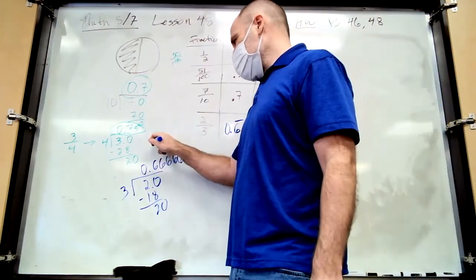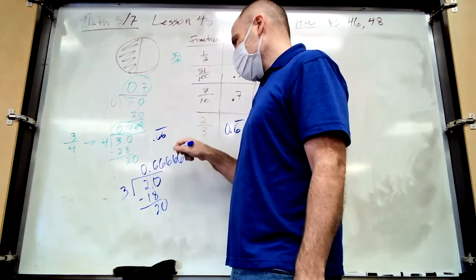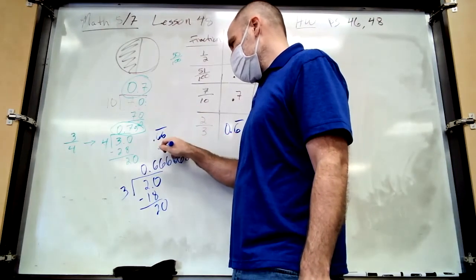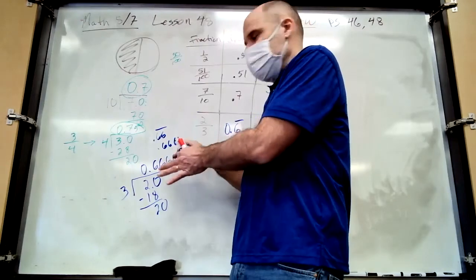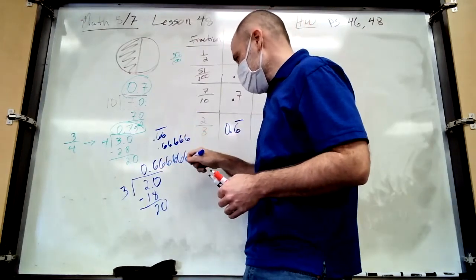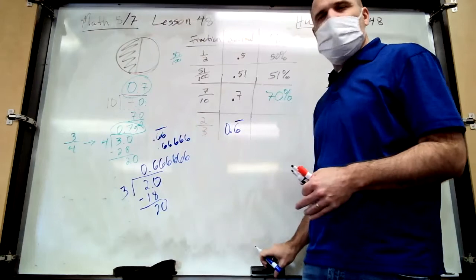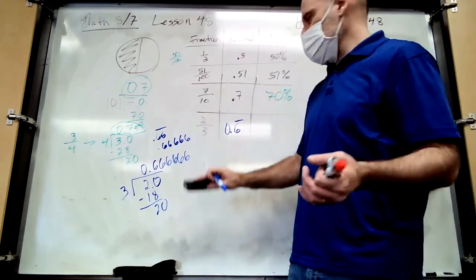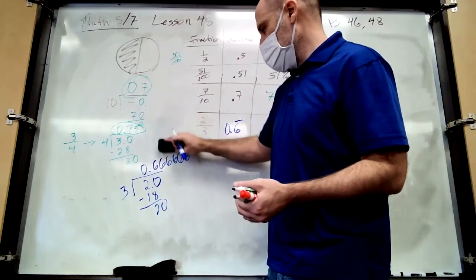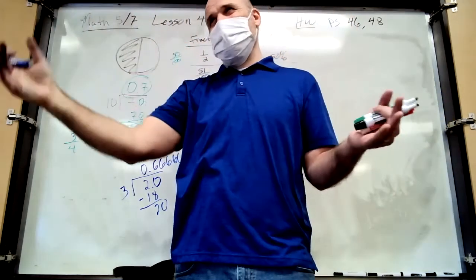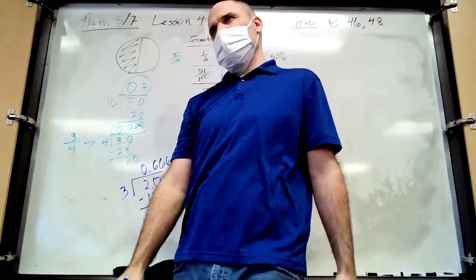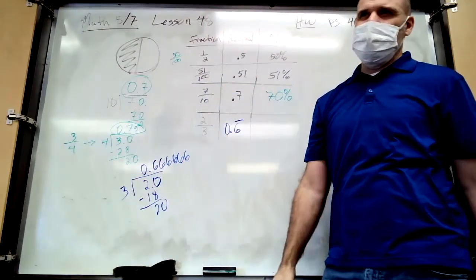If you'd said 0.66 repeating, then this would not be a part of it. You're just repeating one 6 at a time. So 0.66 repeating with the line over it is not grammatically correct, but technically it's the right answer.